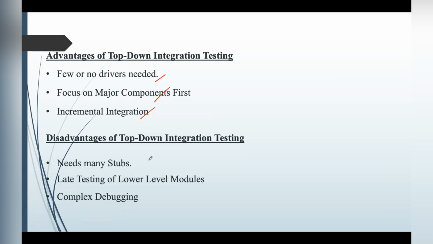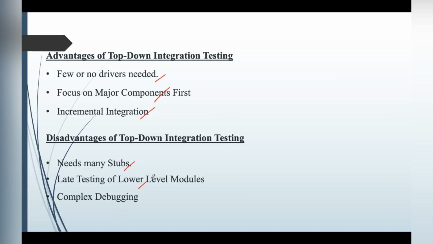And the disadvantages are, first thing is it needs many stubs. Lower level modules that are not yet integrated need to be simulated using stubs, which may not fully represent their eventual behavior and can lead to incomplete testing.